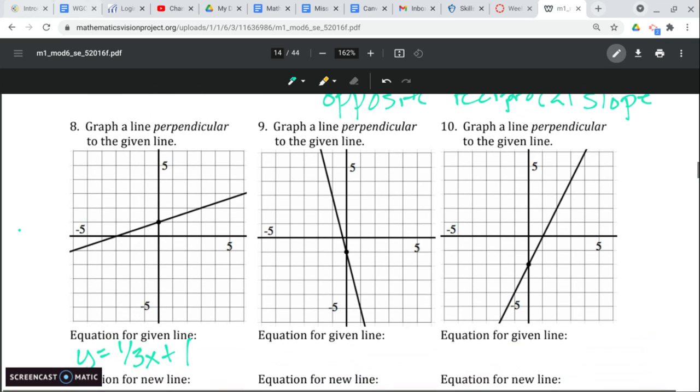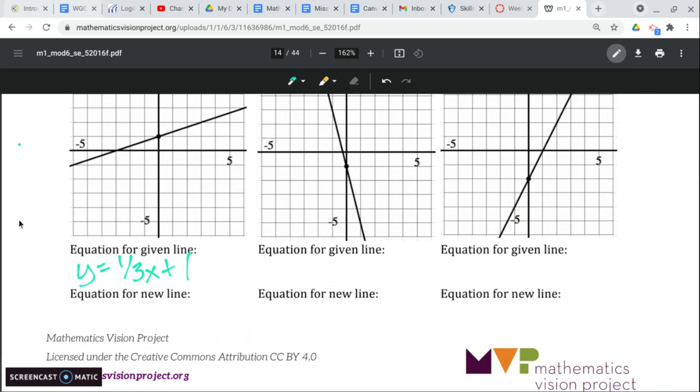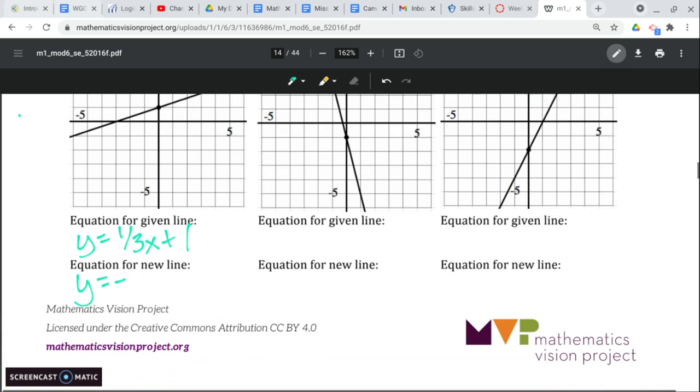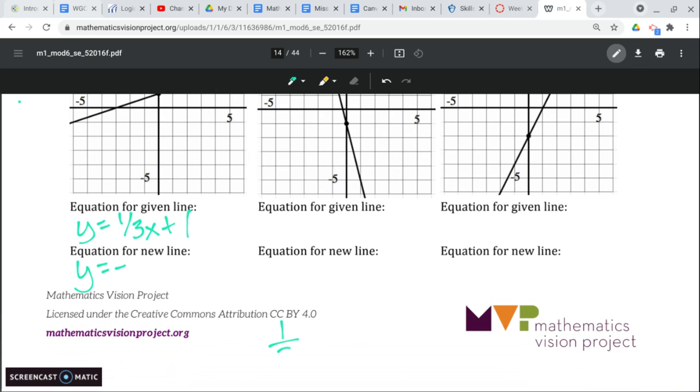What that means is our slope on this line that we're given is positive. That means on our new slope, we're going to have a negative slope. And reciprocals, 1/3 and 3 over 1, those are reciprocals. So our slope here is just 3x. So y equals negative 3x.